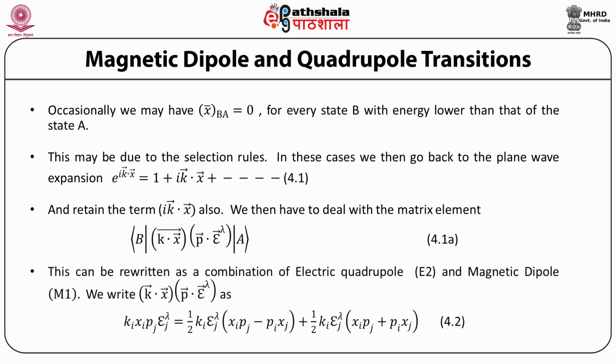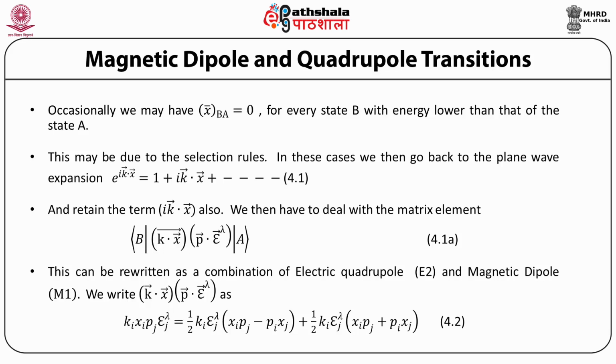This can be rewritten as a combination of electric quadrupole and magnetic dipole M1. We write k vector dot x vector into p vector dot epsilon lambda as k_i x_i p_j epsilon lambda j, which is equal to half of k_i epsilon lambda j multiplied by x_i p_j minus p_i x_j plus half of k_i epsilon_j lambda into x_i p_j plus p_i x_j.